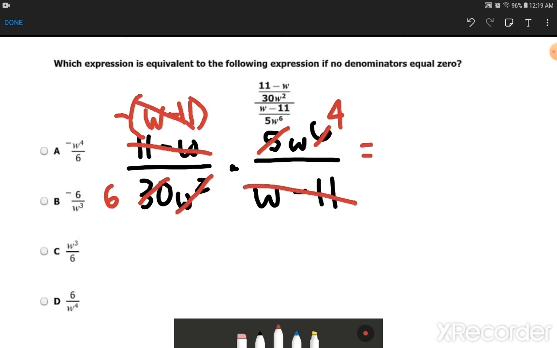That would leave us with negative w to the 4th over 6. So that would be A.